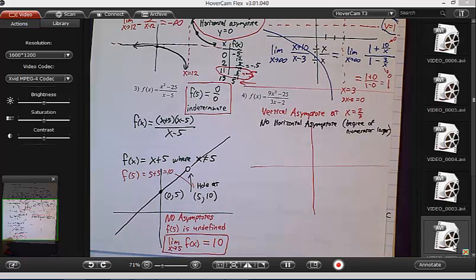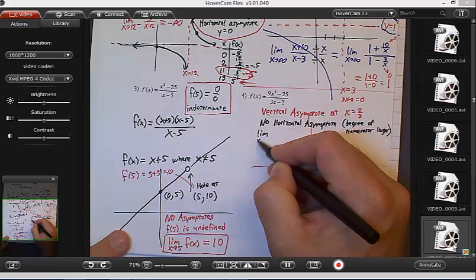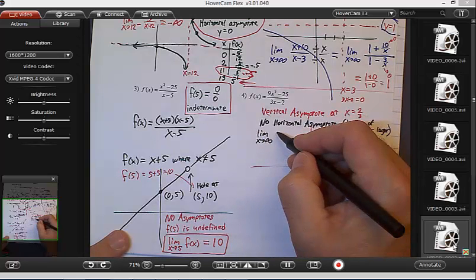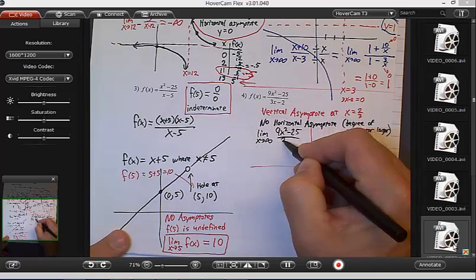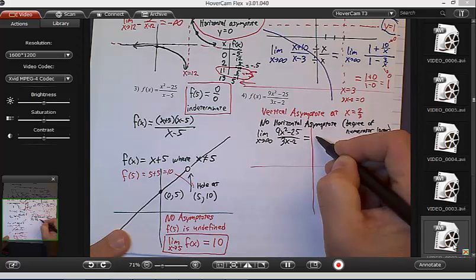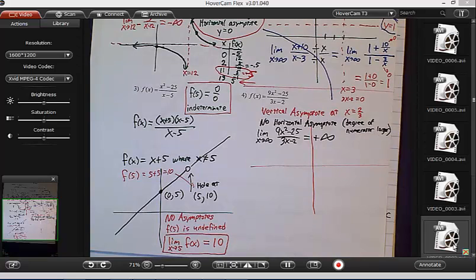So if the degree of the numerator is larger, there will be no horizontal asymptote. Okay? So as a matter of fact, you could say the limit as x approaches infinity of (9x squared minus 25) over (3x minus 2) is, you could say, infinity. It grows without bound, as we're going to see.